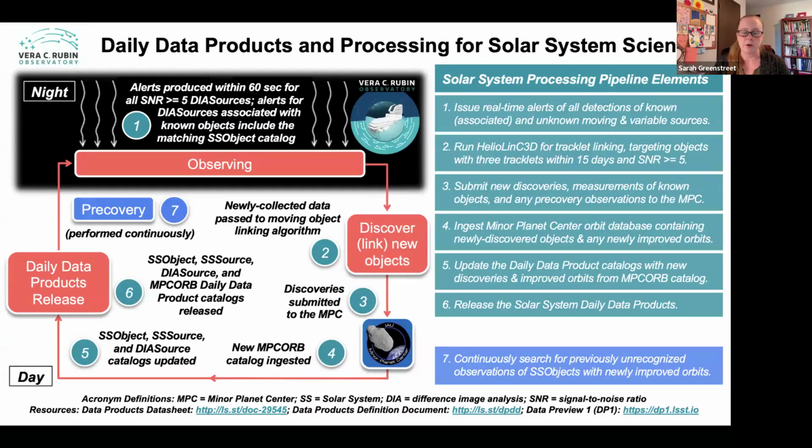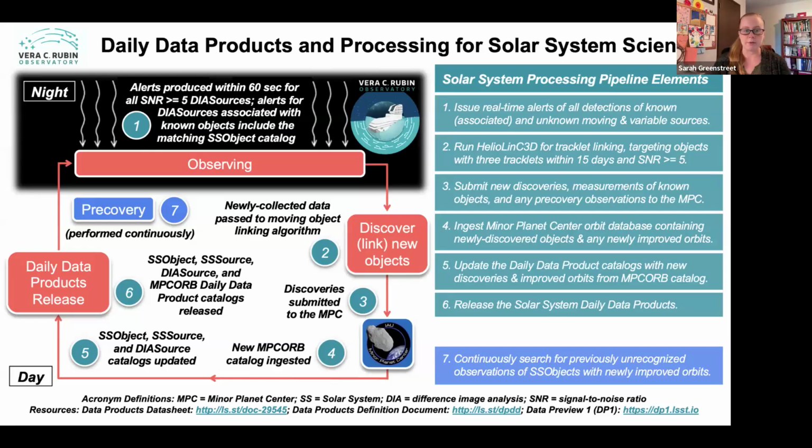So this infographic you can find down here in the bottom right at dp1.lsst.io, where all of the documentation for DP1 lives. You can find this infographic there as well with a more in-depth description of each of these different steps. So just quickly, I want to walk everyone through this. So we start during nightly observing.